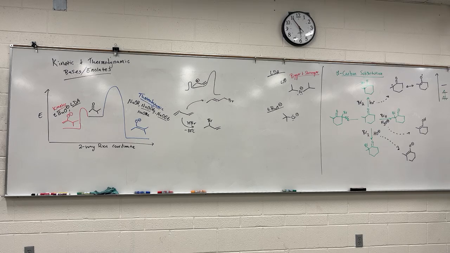All right, well then the question stands, how do I halogenate the less substituted position? If radicals go to the most stable, acidic conditions go to the most stable, and basic conditions go to the most stable, what can I do?